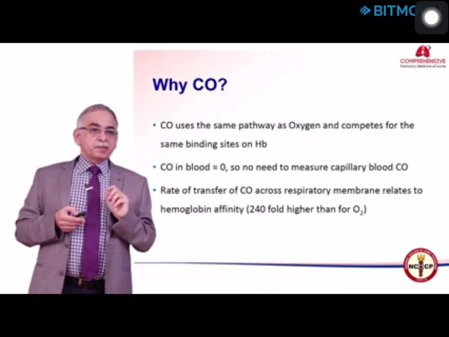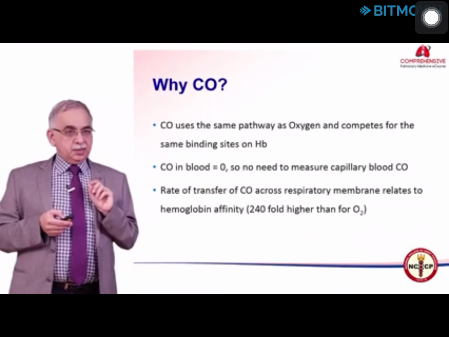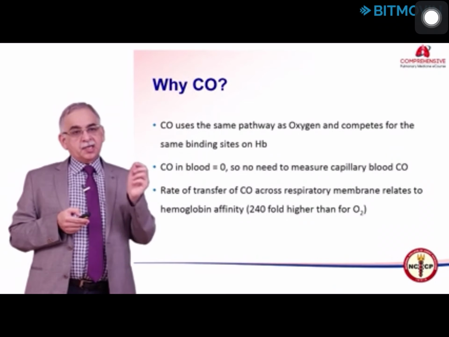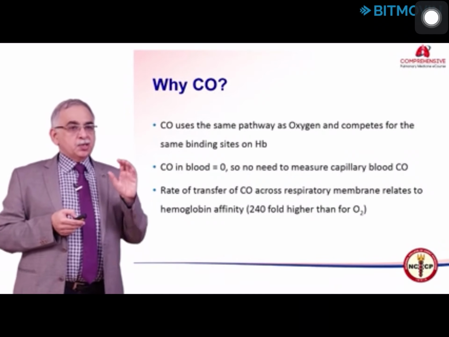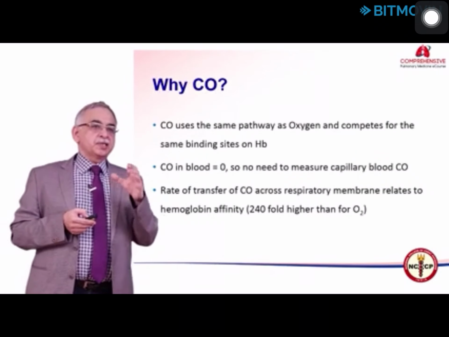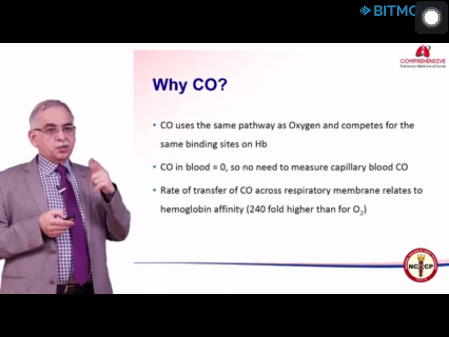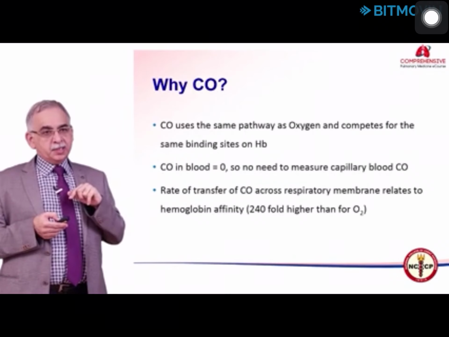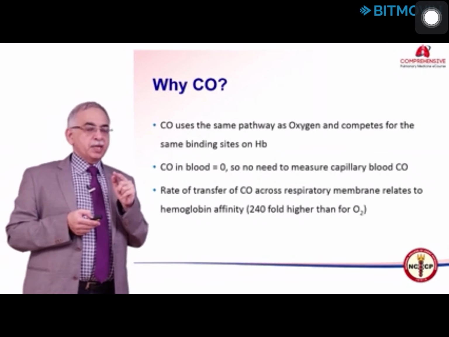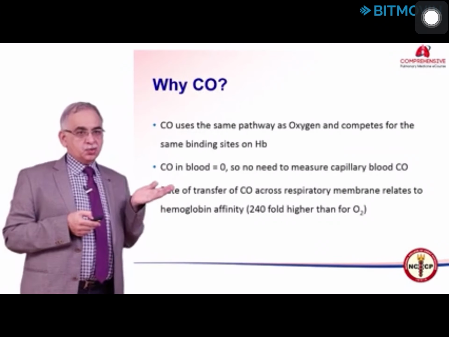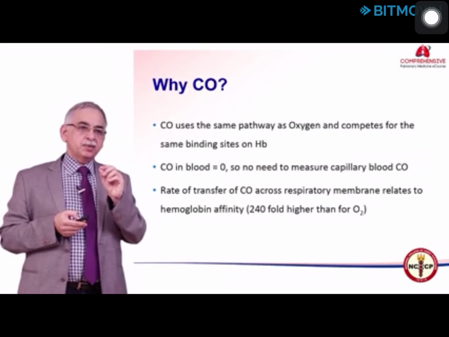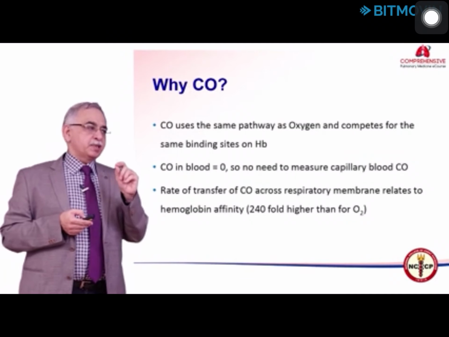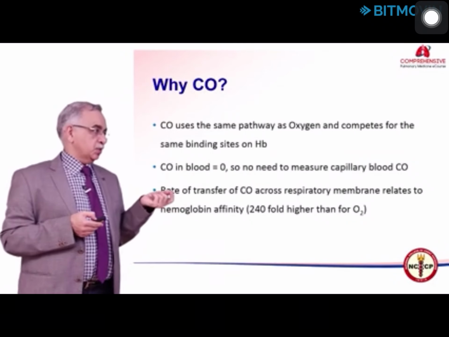There is no carbon monoxide in the blood. So, we do not have to measure carbon monoxide in the capillary blood, because we are interested in measuring the difference in carbon monoxide on the two sides of the alveolo-capillary membrane. On one side in the blood, it is assumed to be 0. So, all we have to do is take capillary blood CO as 0 and measure carbon monoxide in the alveolus.